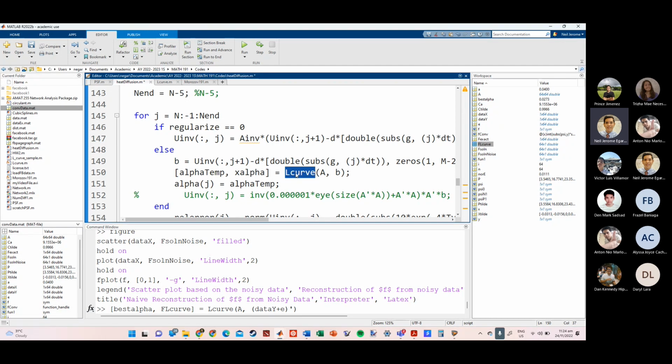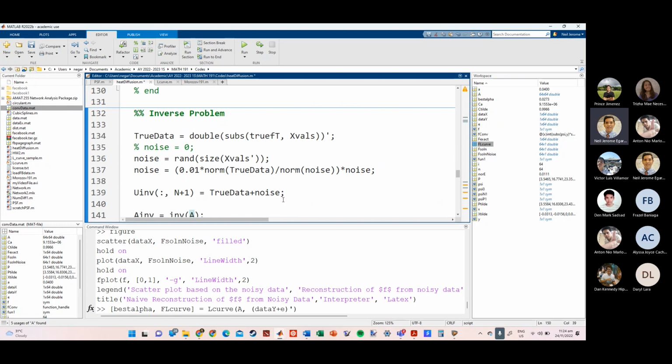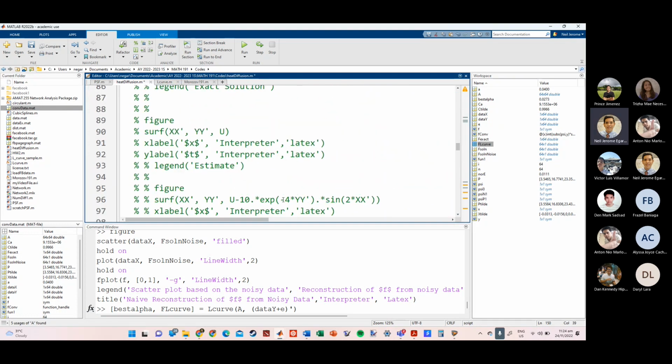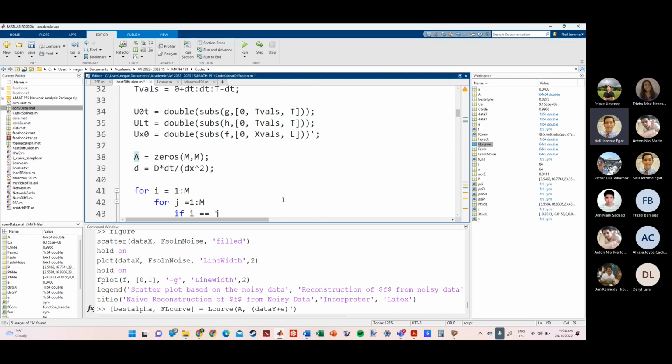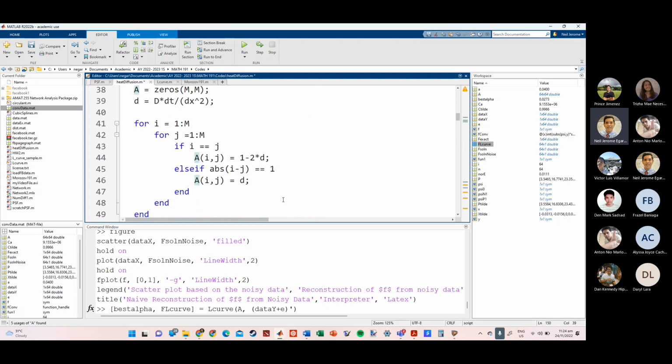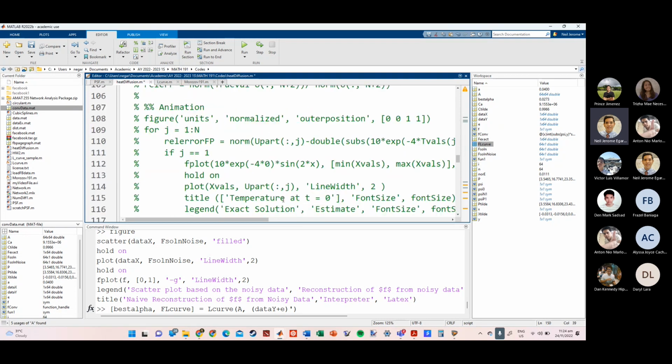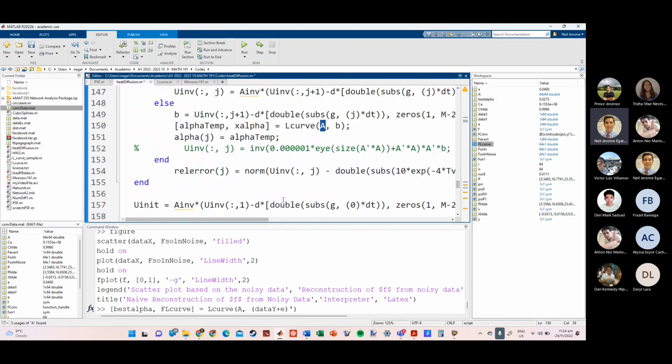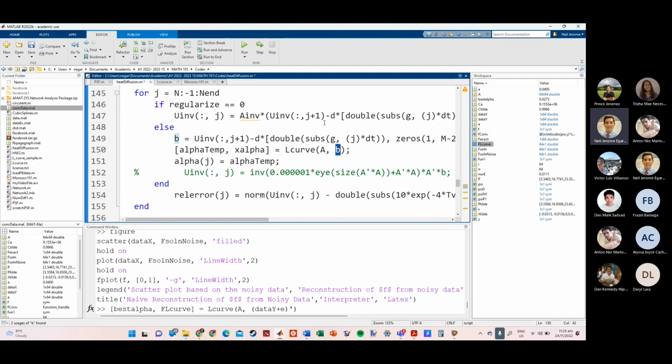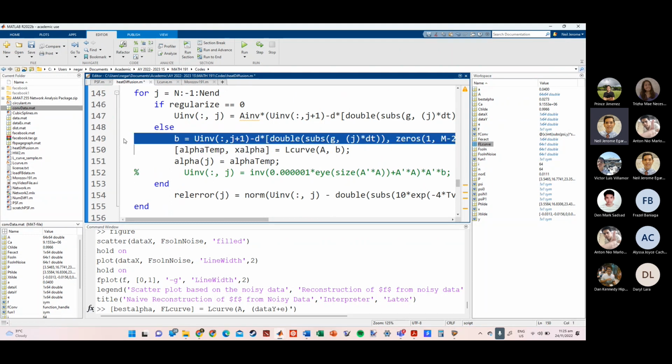Si L-curve, ipapasa ko lang yung matrix A na kinompute sa taas, dun sa propagator, sa line 38 until 49. Tapos, ipapasa ko lang siya kay L-curve, kasama yung matrix B na right-hand side, which I defined here.